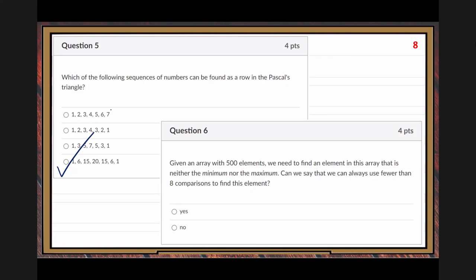The next one, I gave you the hint in class. Remember, the idea is very interesting. We reduce the problem size. That 500, this number is not very important, just an arbitrary number.